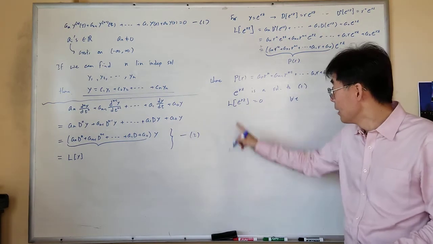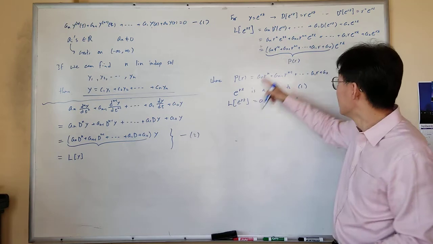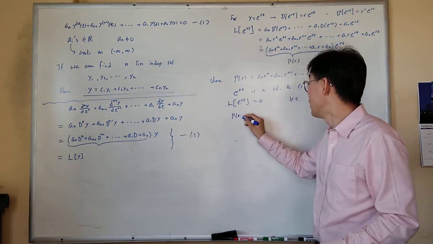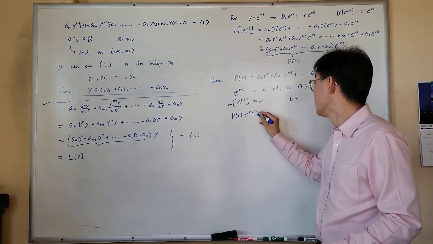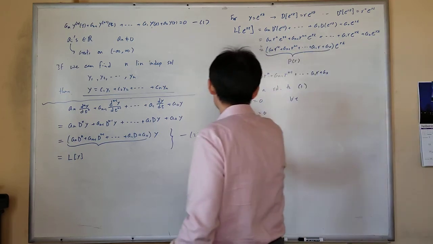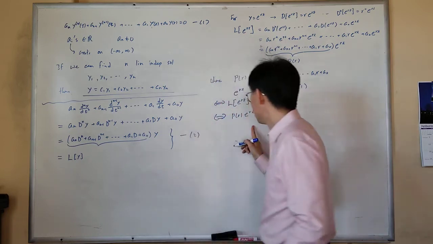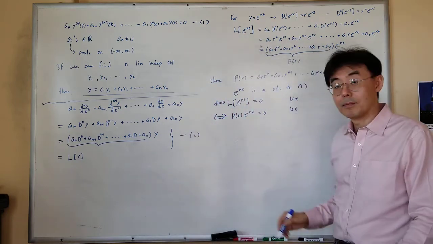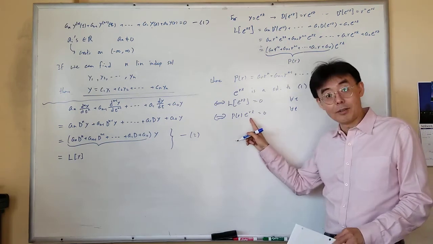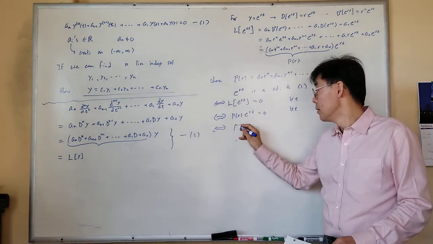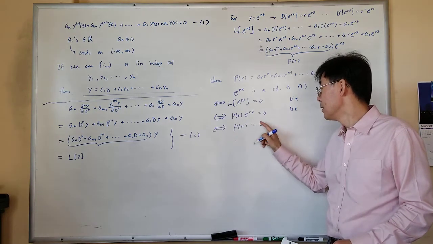Now what was L of e to the rt? That was p of r times e to the rt. So the solution is equivalent to this. But e to the rt is never 0. That means p of r must be equal to 0.